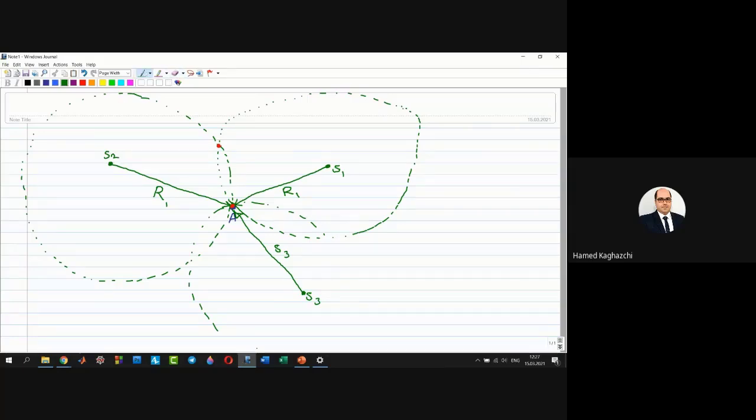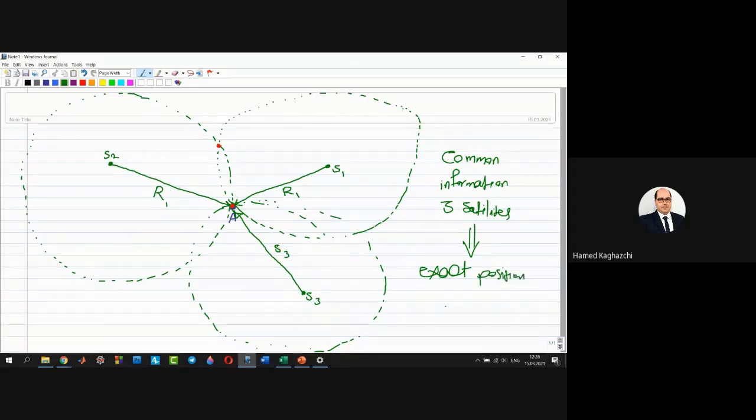Suppose that this is a circle, it doesn't matter. Now, the common information is so important. The information which is sent or received or transmitted from these three satellites is the exact position of an object.